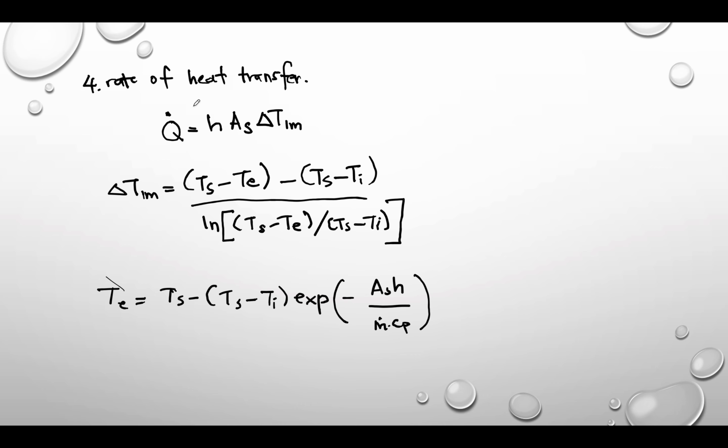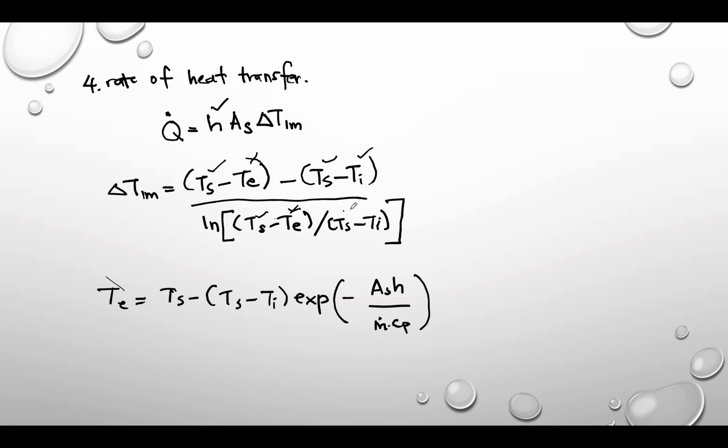Okay, from this equation, we already determined the heat transfer coefficient. As, we will determine after this. And we need to calculate delta T log mean. T surface is already given in the question, T exit remains unknown, and Ti, the inlet temperature, is 20 degrees Celsius.